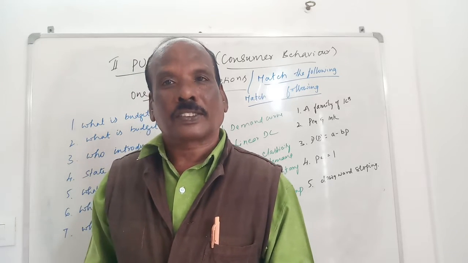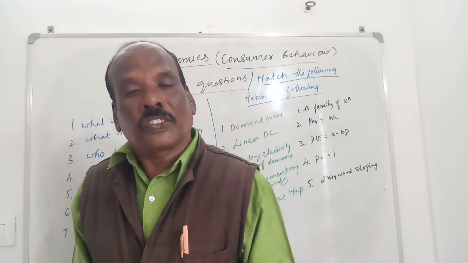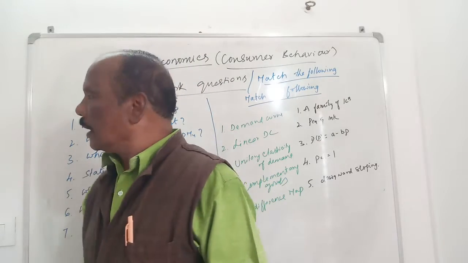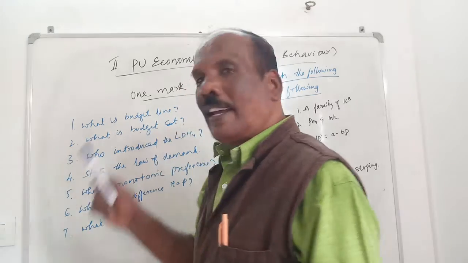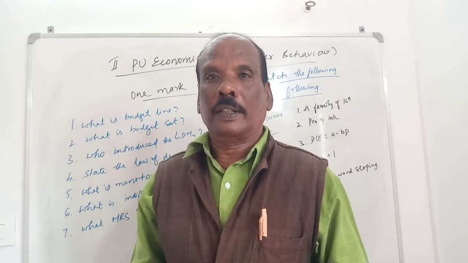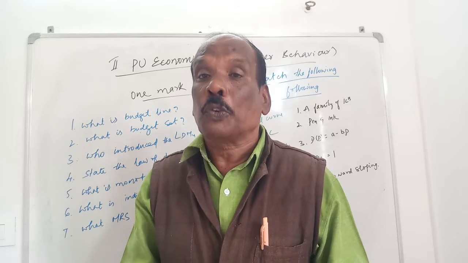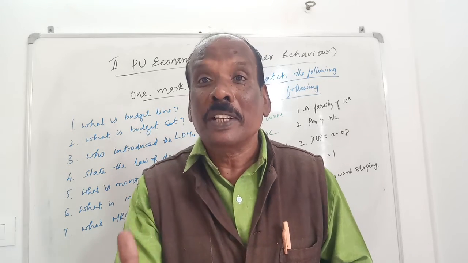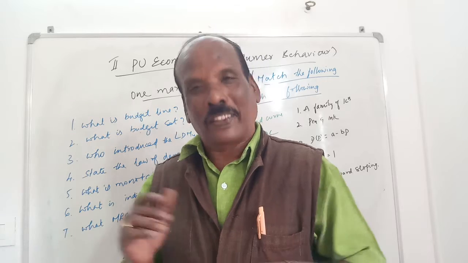Okay, now let's go to answer 1 mark questions. What is budget line? Budget line is a graphical representation of different combinations of goods which can be purchased with the given income and at given prices.